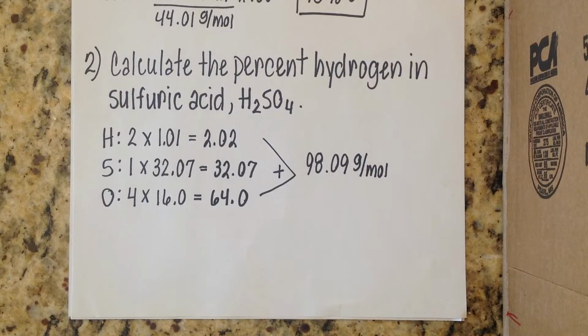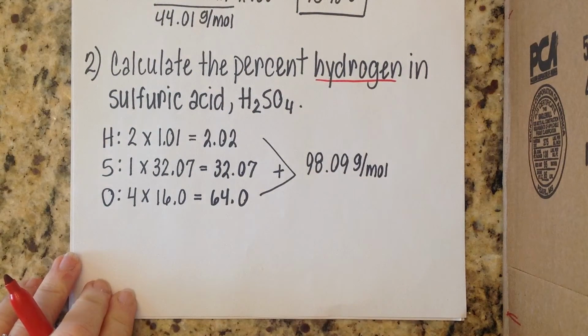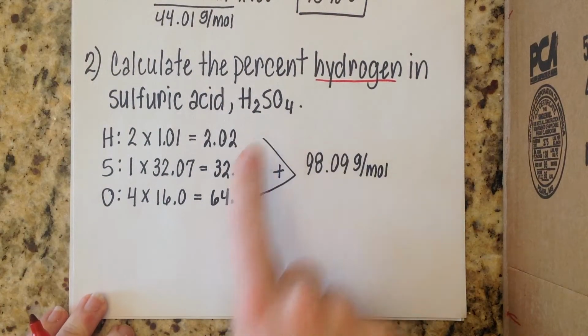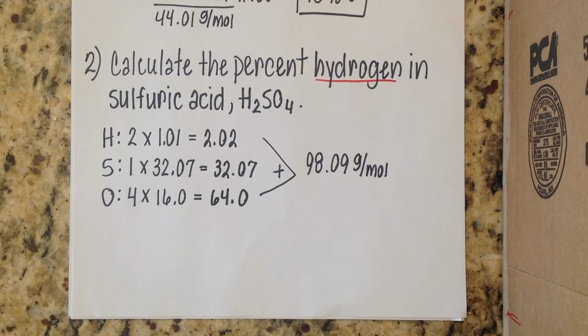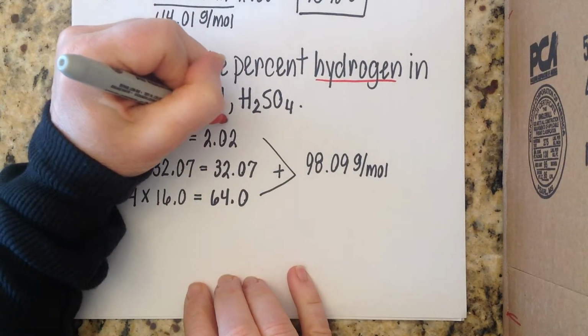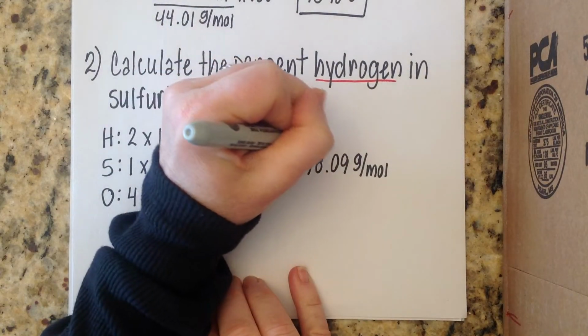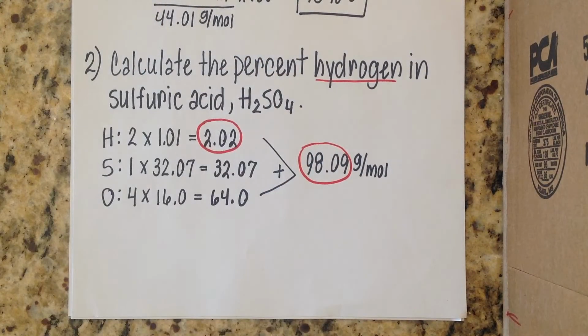But the problem is asking us for the percent hydrogen. They want to know what percent of the mass of that sulfuric acid molecule came from just hydrogen. So we're going to divide our total mass of hydrogen by the total of the whole thing.